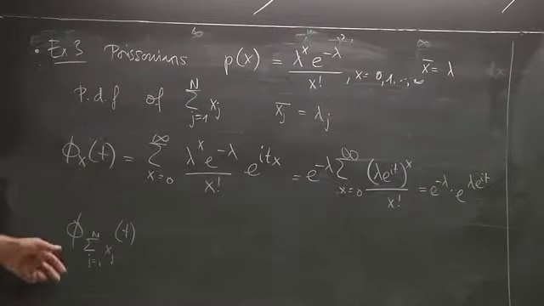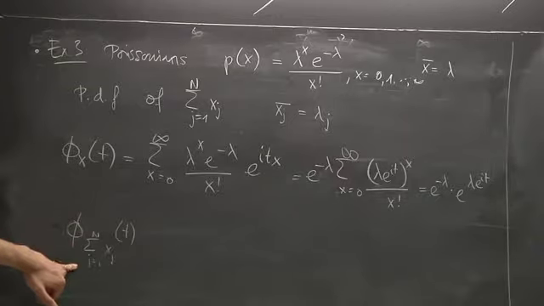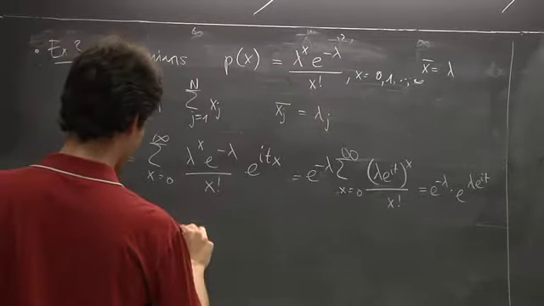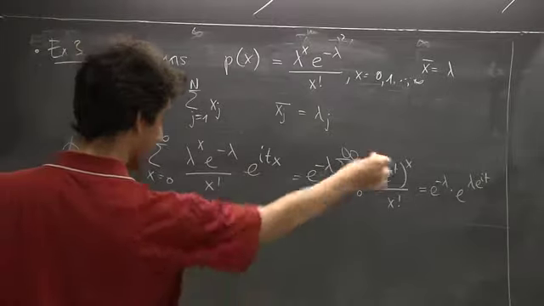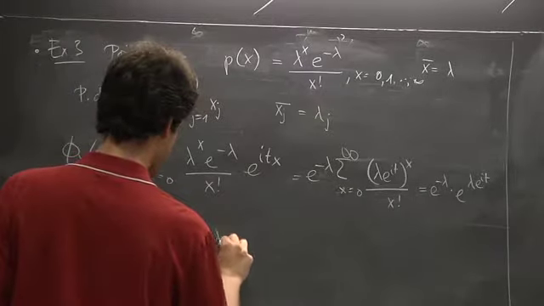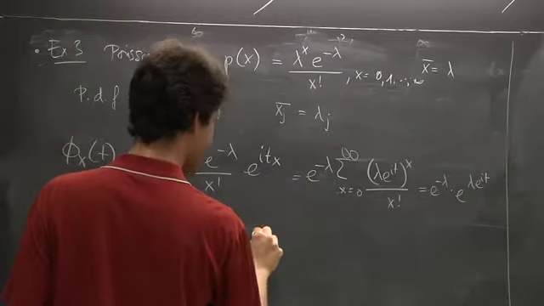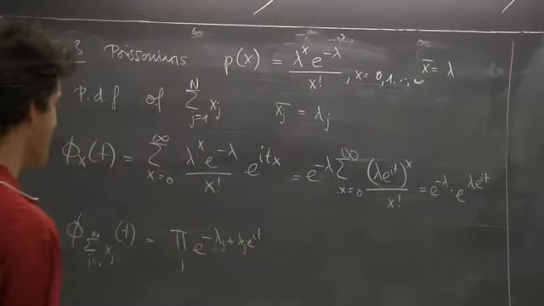No, now we use what we derived before. What is the characteristic function of a sum of independent variables? It's the product. Okay, let's do the product immediately. So it's the product of e to minus lambda_j plus lambda_j e to the it, right?